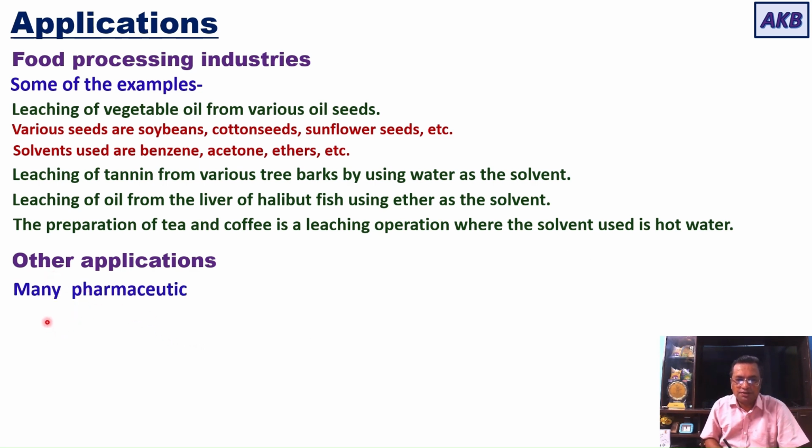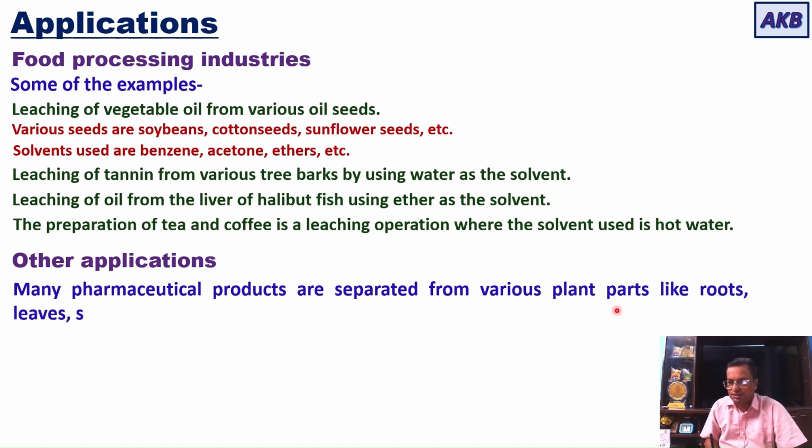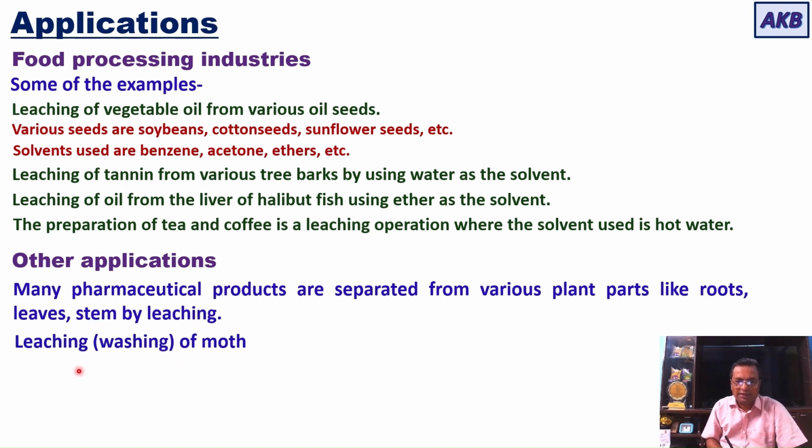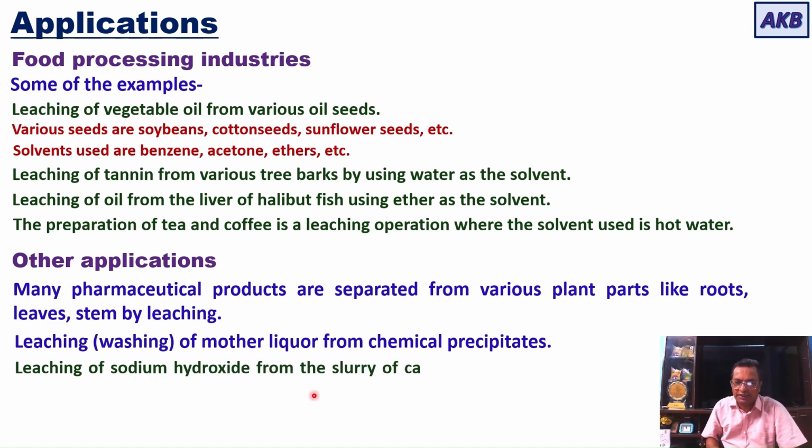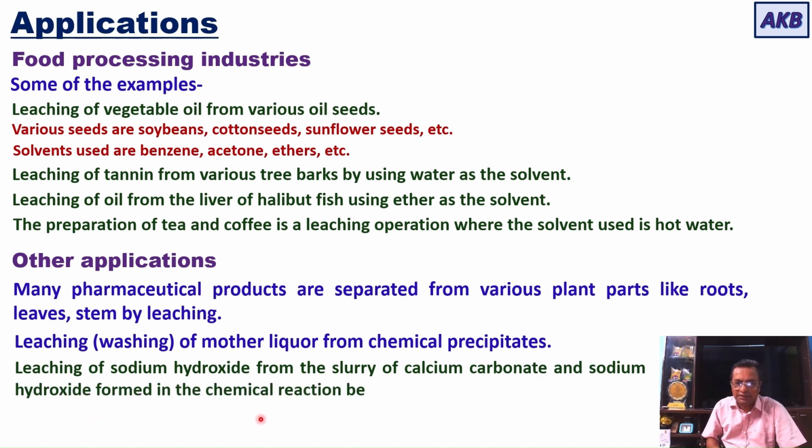And a few other applications: many pharmaceutical products are separated from various plant parts like roots, leaves, and stem, and it is done by leaching. Then there is leaching or washing of mother liquor from chemical precipitates. For example, leaching of sodium hydroxide from the slurry of calcium carbonate and sodium hydroxide, which is formed in the chemical reaction between Na2CO3 and Ca(OH)2. This reaction produces calcium carbonate and sodium hydroxide.